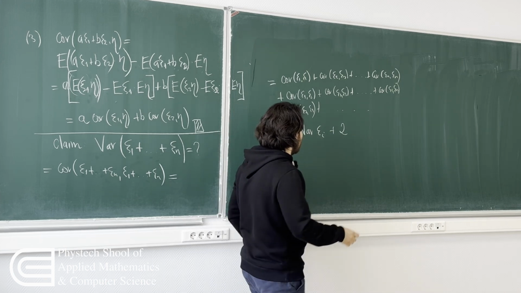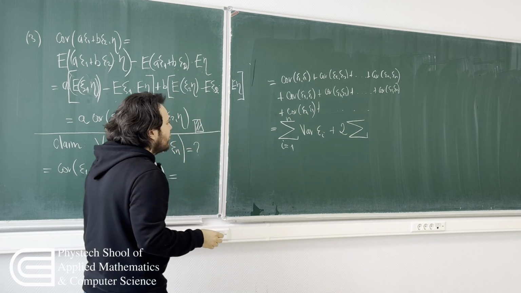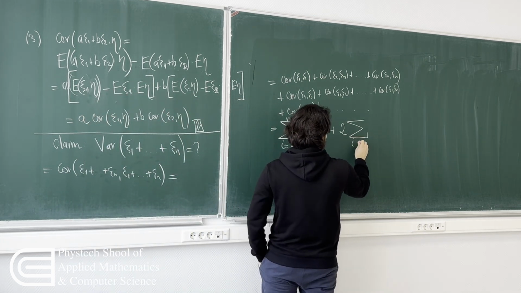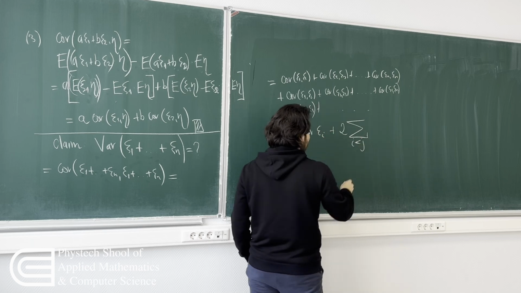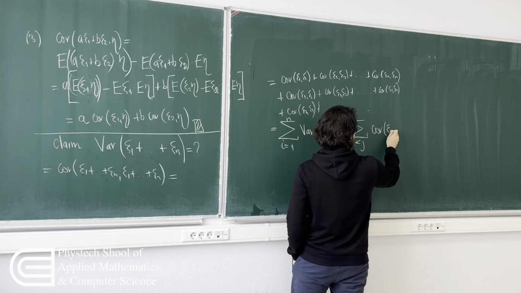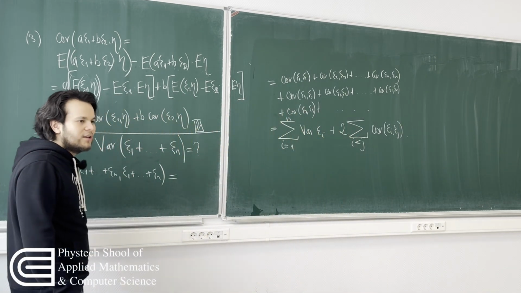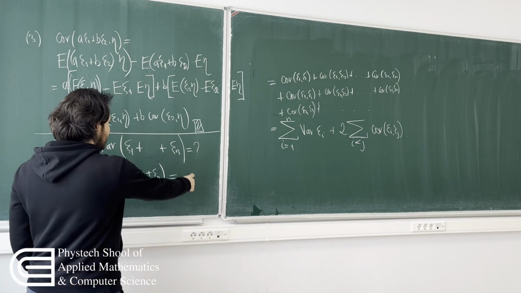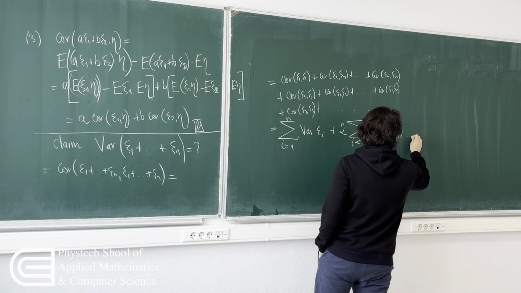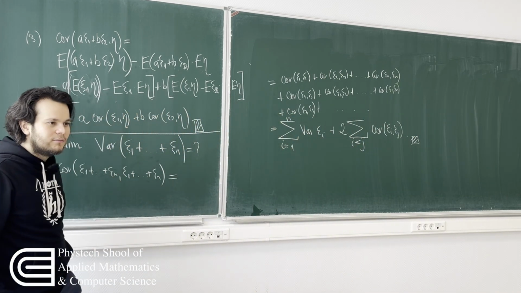So this will be 2 times the sum over all. So here we have all different indexes, i and j, with i less than j, and covariance between xi i and xi j. That's it. So this is the general formula. This is the claim. So here you can replace this by that. And that's it. So this is how we compute the variance of the sum. Okay?